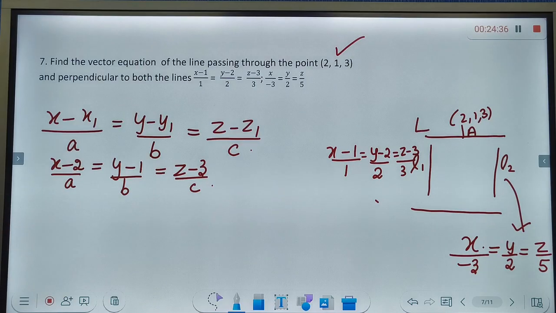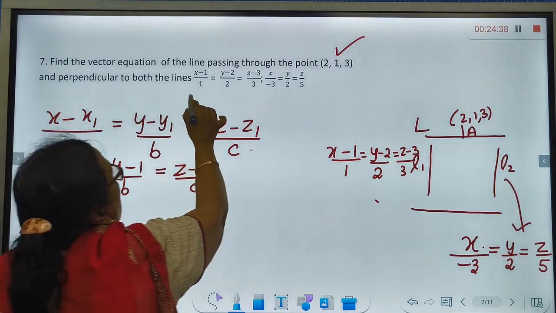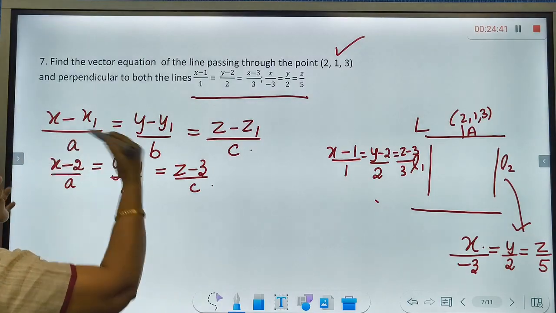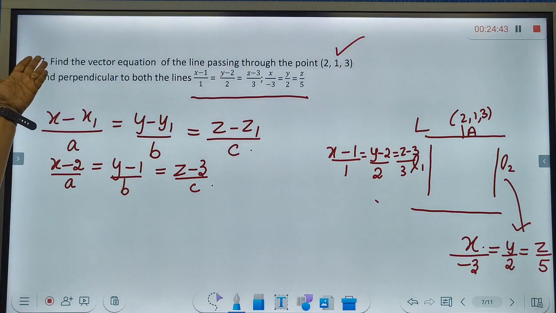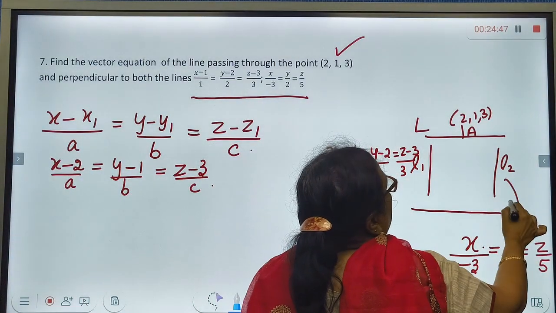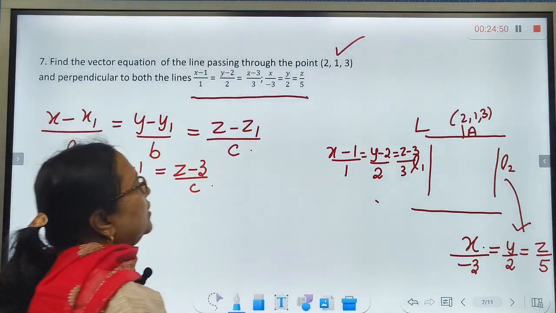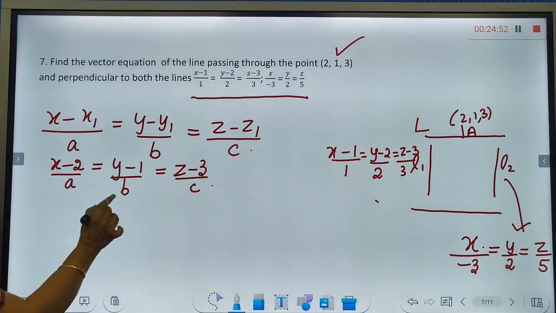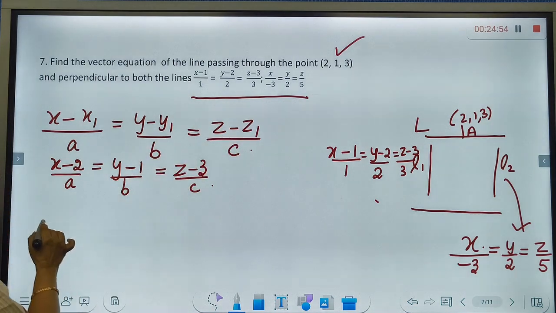Now I need to find A, B, C. If it is perpendicular to both the lines, the cross product of the DRs will be parallel to the given line, as we have seen. So to find A, B, C, you have to just take the cross product.